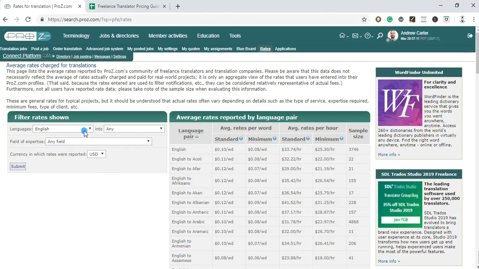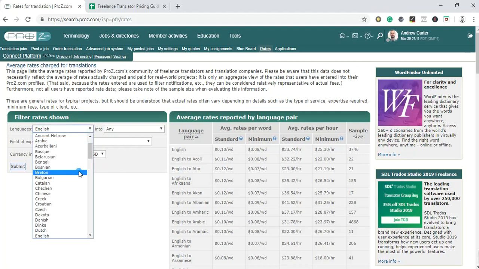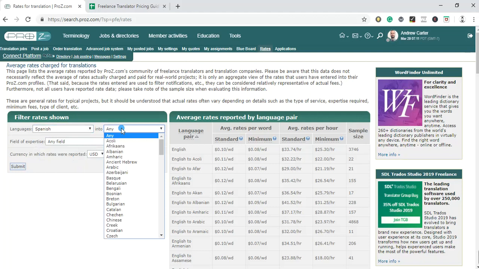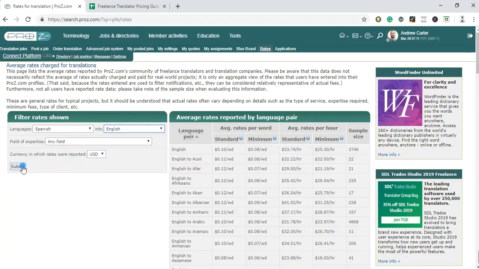So for example, I'll just do mine as it's probably the easiest right now. So we just come down here, go to Spanish into English, and we'll just leave it at any field and the US dollar. And we will see more or less what people are charging.